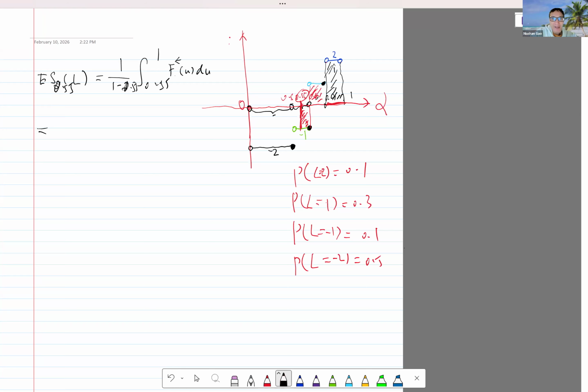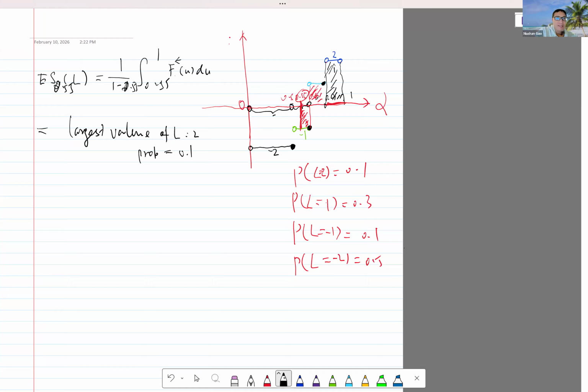You take the largest value of L. The largest value of L is 2, right? The probability of L taking 2 is 0.01, right?